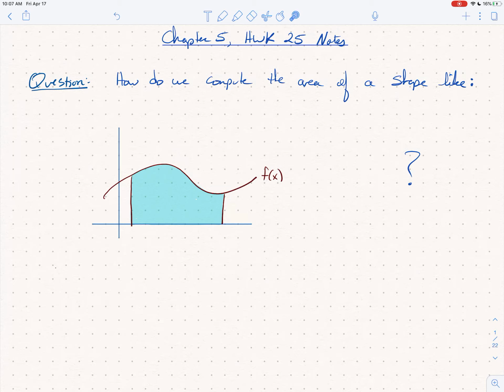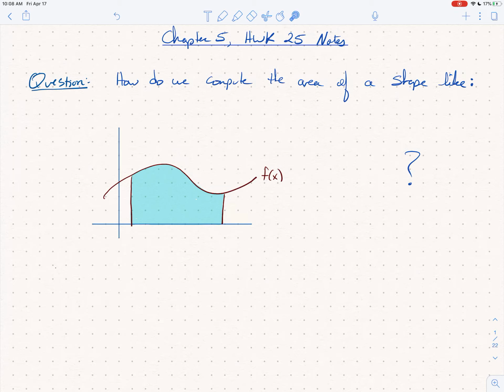And that's not quite clear how to do. There's no known formula that's just going to pop the area out of that shape. Now, we know formulas for the areas of rectangles, squares, triangles, circles, and so forth. But we don't have a formula for areas like this.